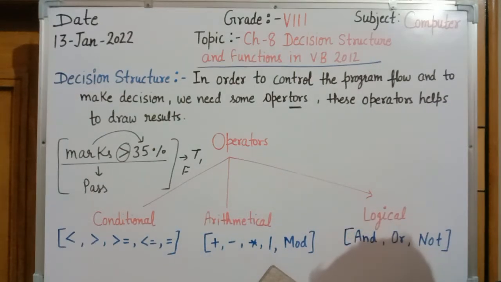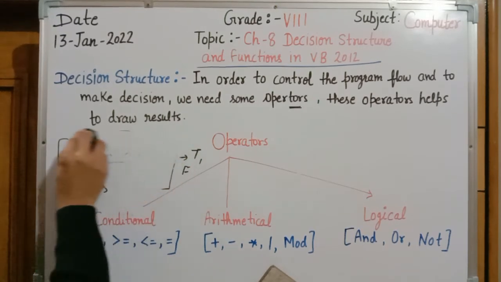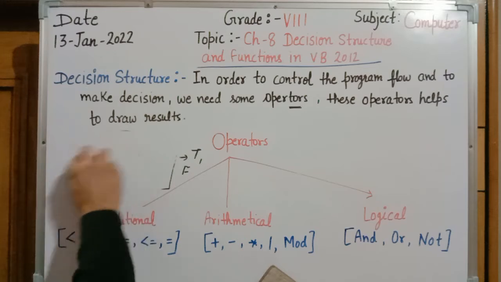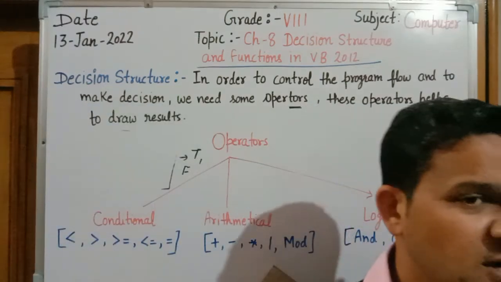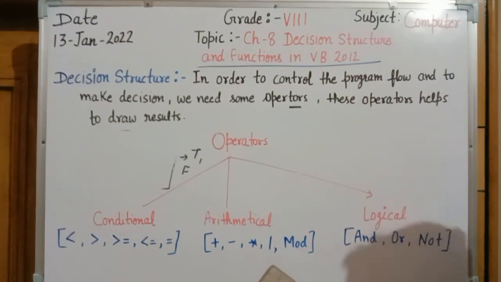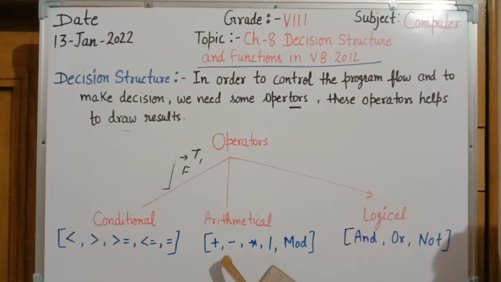In this session we are studying three types of operators. The first is the conditional operator, which will satisfy the condition. In conditional operators we have less than, greater than, greater than or equal to, less than or equal to, and equal to operators. Arithmetical operators are related to arithmetic or mathematics: plus, minus, multiply, divide, and mod. Logical operators are AND, OR, and NOT.